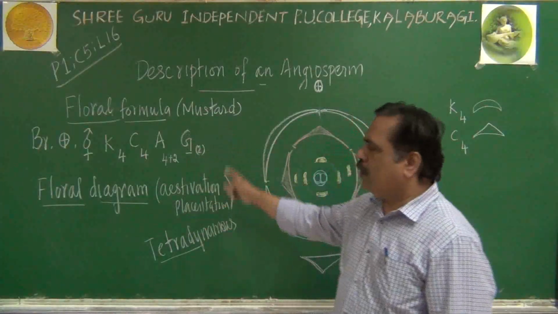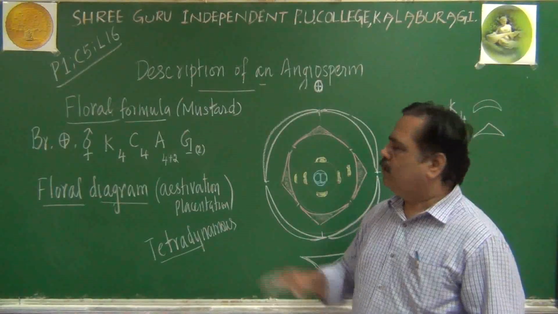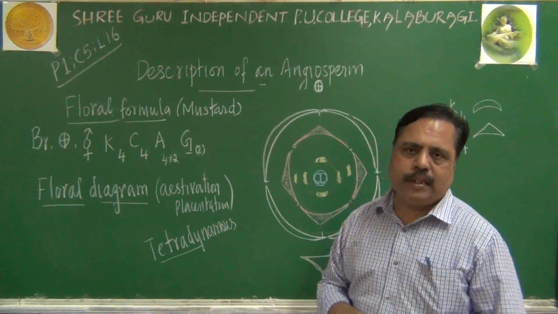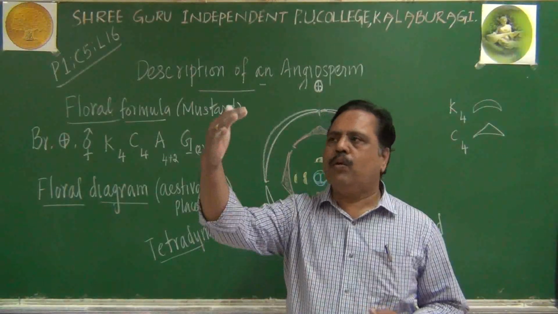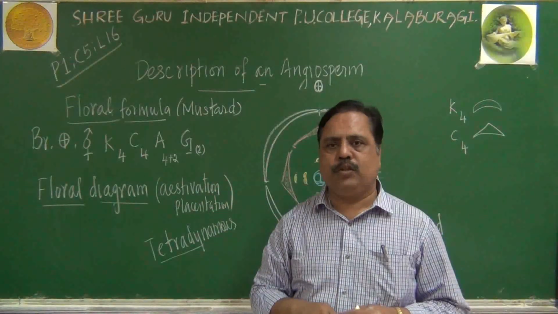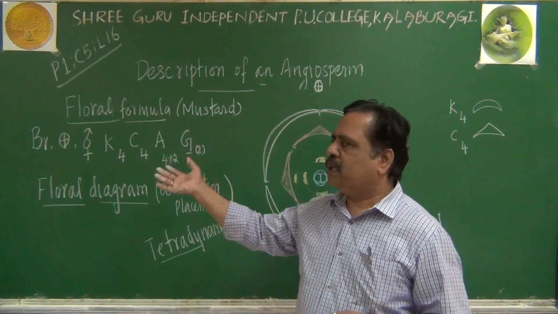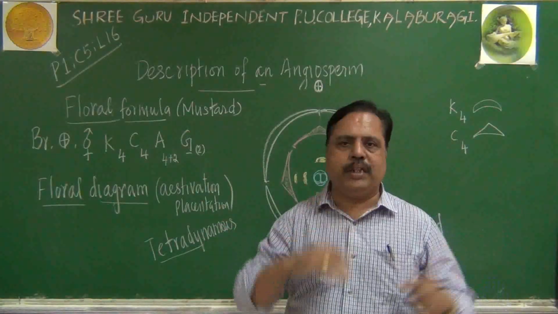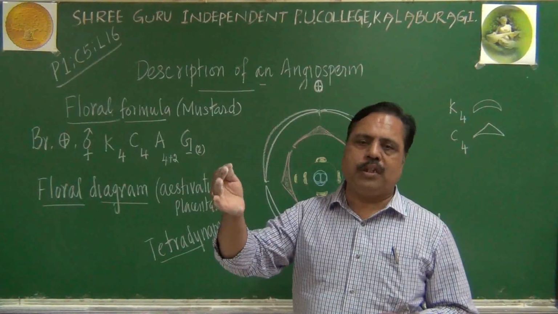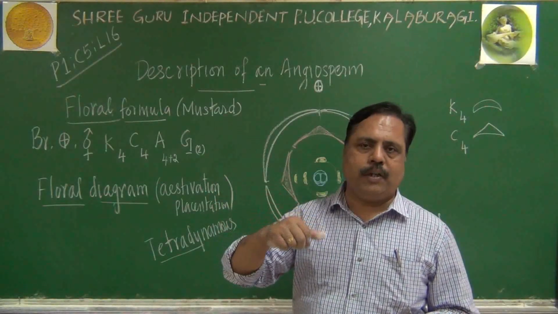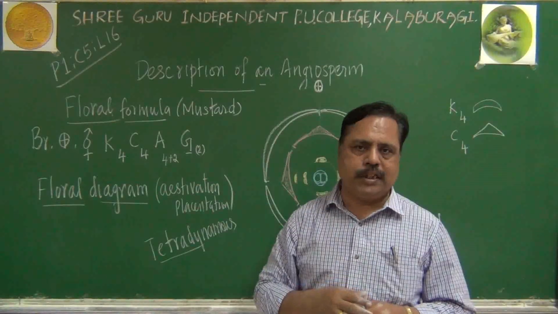So, floral formula, floral diagram. Well, let me stop with this in this class. Today's class, I told you how to describe an angiosperm flower based on our learning in the previous sessions. Habit, habitat, root, stem, leaf, flower, inflorescence, everything we have seen.